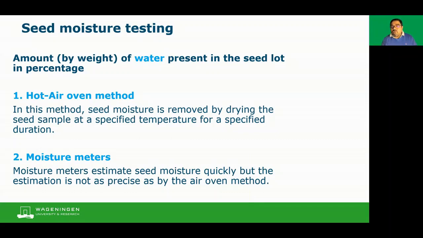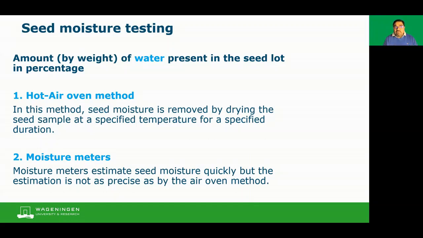This is normally done for oily seeds, where if you go for high temperature, then the oil will also evaporate and we'll have a false result, taking the oil percentage also as moisture percentage. We just want to evaporate the water, not the oil. And we have the high constant temperature method, in which we keep the seeds inside the oven for around 3 hours at 130 degrees centigrade. This is normally done for starchy seeds like corn, maize, rice, and even pulses.